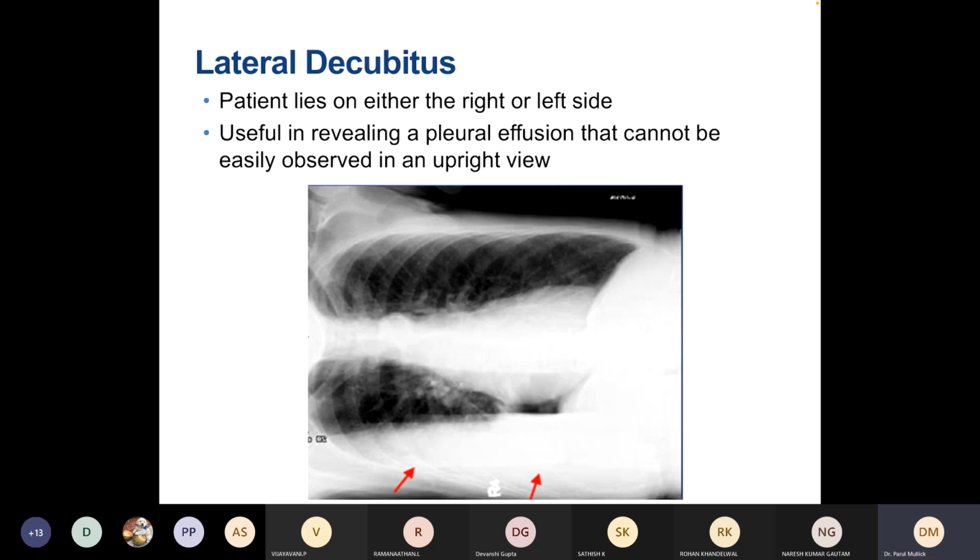But in the lateral decubitus view you can appreciate even lesser amounts, half the amount, around 30 ml of fluid. So these are very good views for checking your effusions, right?